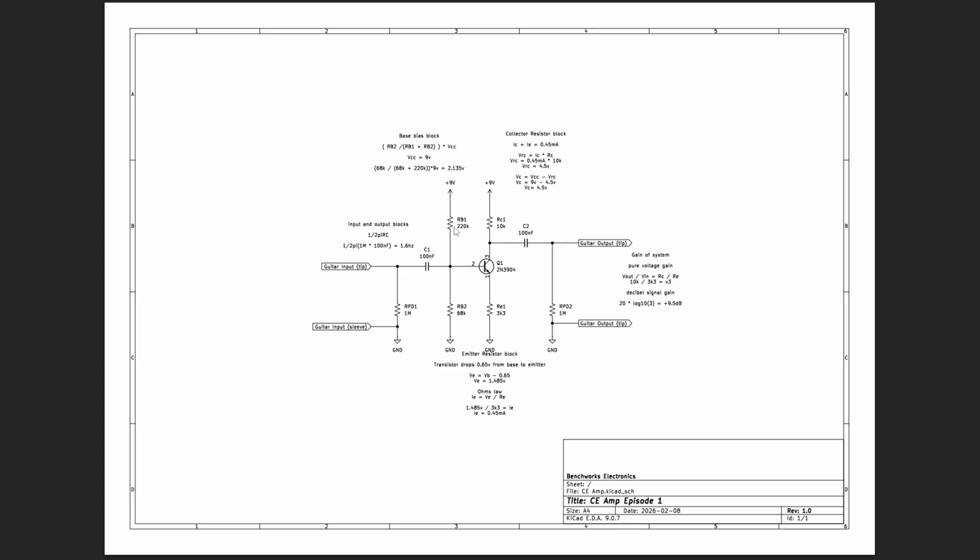If we move on to this RB1 and RB2 resistor pair, we can see that we have 9 volts DC. This is the same as what comes out of a battery or your pedal power supply. And this is the first kind of gotcha that you want to look for. DC power has no frequency.